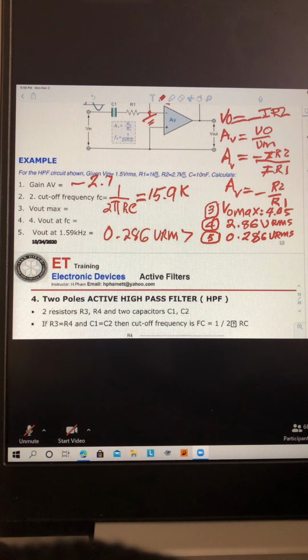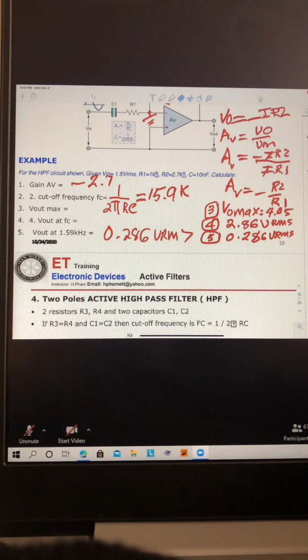So is it 0.1 times V out at the critical frequency? Right, that means at the cutoff, times 0.1? Right, and not V out max. Okay, I got the wrong one. It will be times V out max.